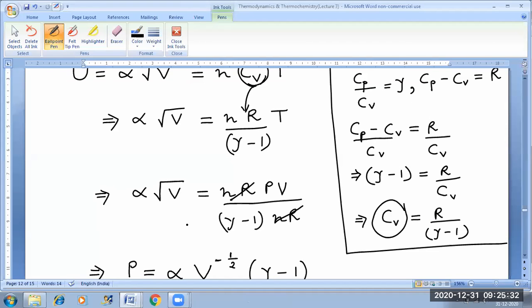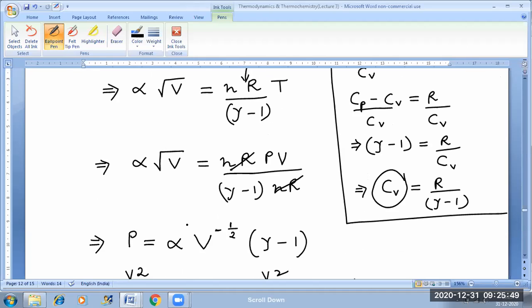Also, temperature is PV by nR because PV is equal to nRT. So temperature is PV upon nR. On solving this, I'll get P as this.